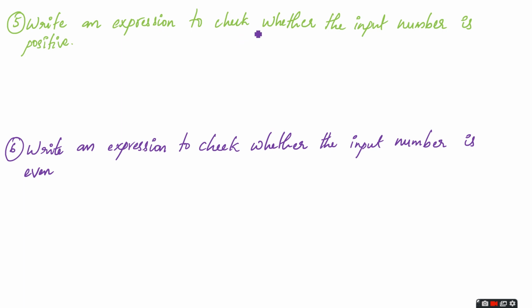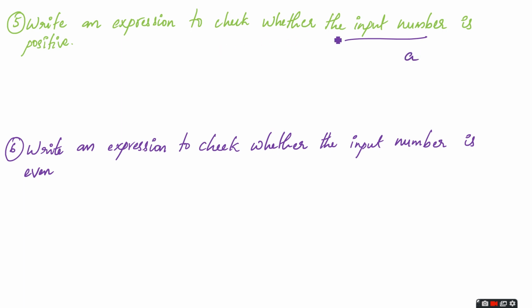Next, write an expression to check whether the input number is positive. We know all the numbers greater than 0 is positive and less than 0 is negative. So we have to input a number means we can take a variable a. To the variable a we can input the number.